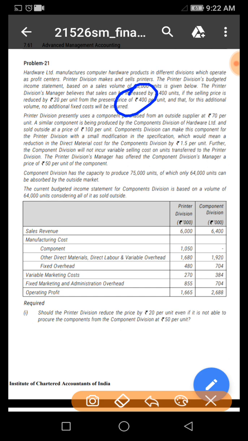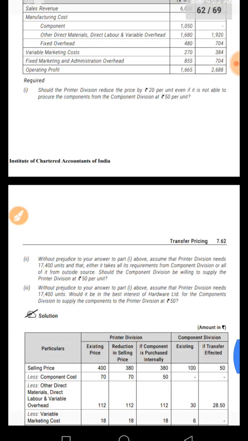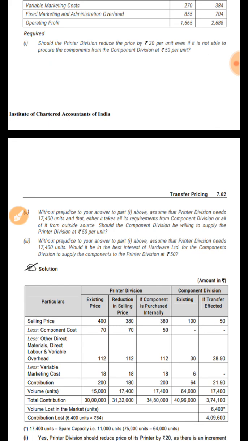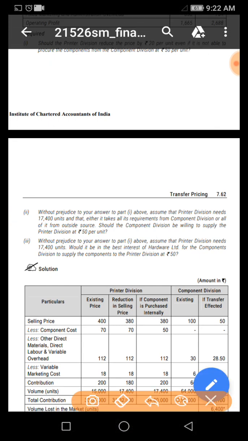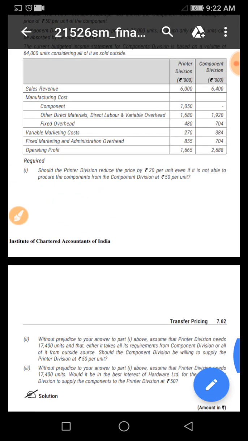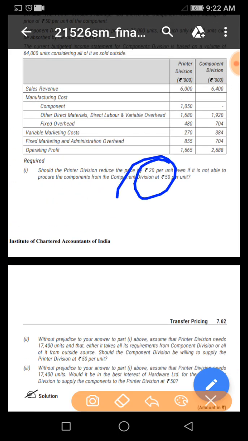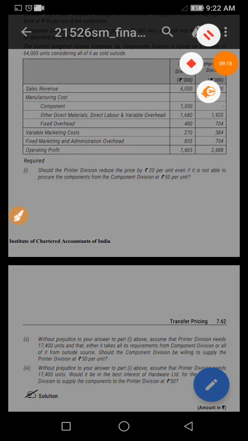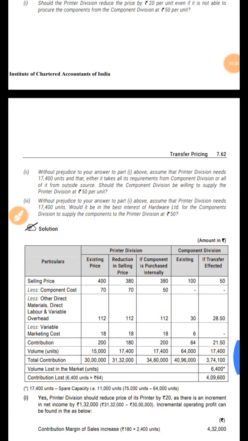Selling price for the printer division: 400 is the existing price, and the revised price is reduced by 20 rupees, so 380. But what are you going to sell?